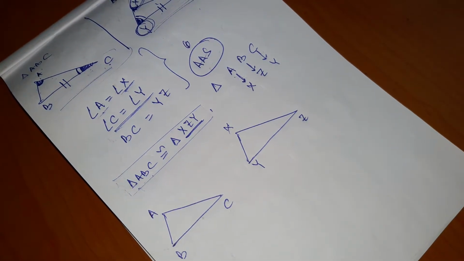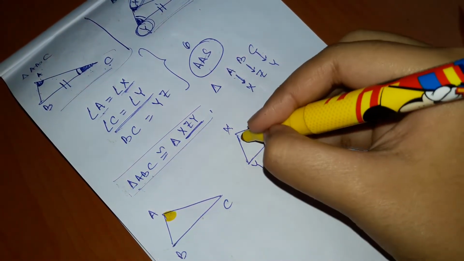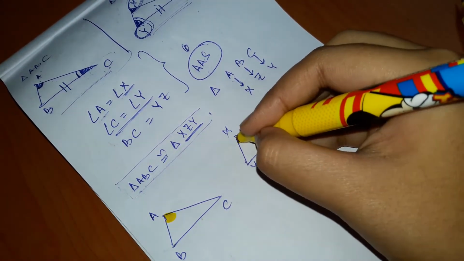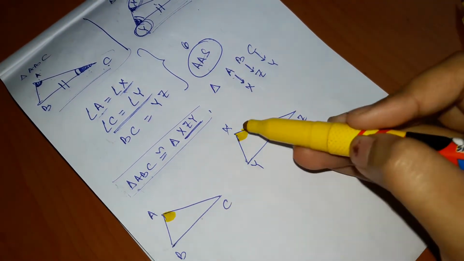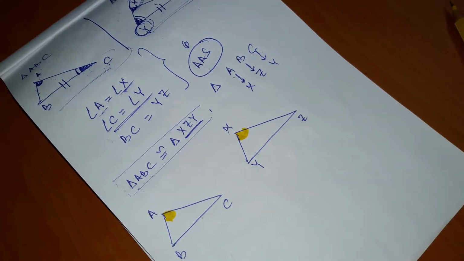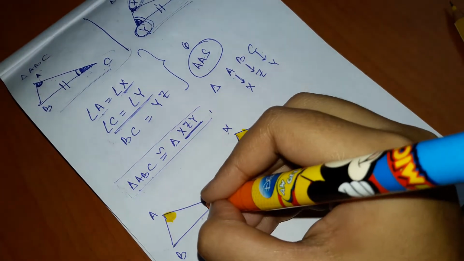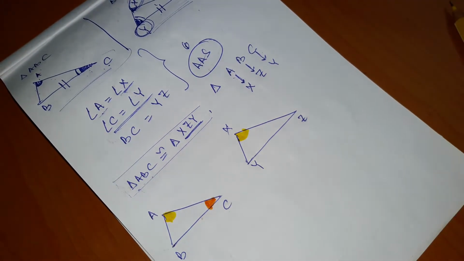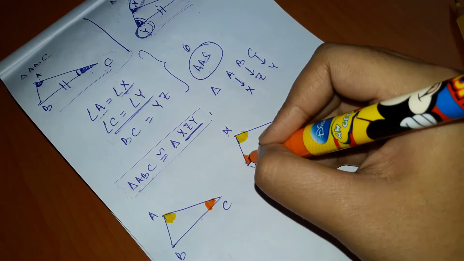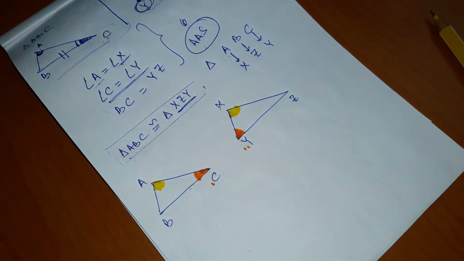We are given that angle A is equal to angle X. See, I have shaded these two angles yellow. Similarly, we are given that angle C is equal to angle Y. I have shaded these two angles orange.